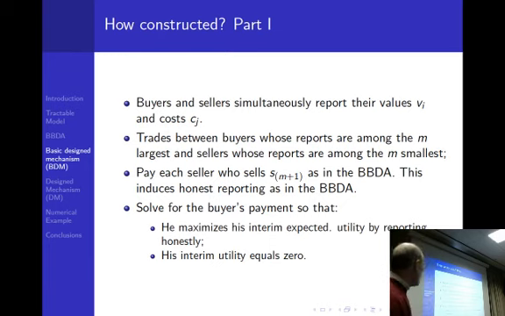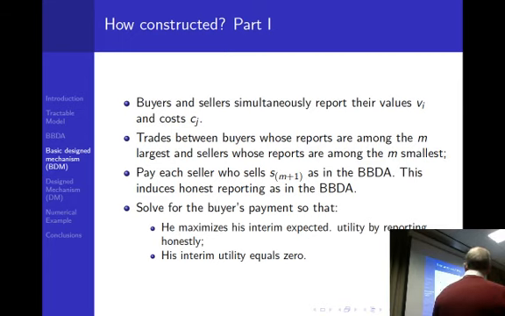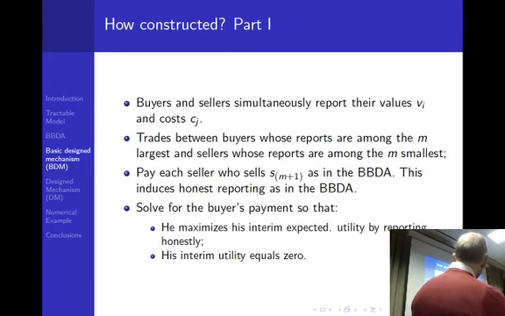Since we've got the values and the costs, we'll just assign the objects to the right people. So it'll be efficient. The trades will be between buyers whose reports are among the M largest and the sellers whose reports are among the M smallest. And that all adds up because we've got the even number of things.